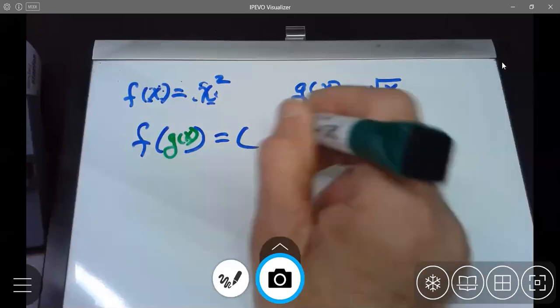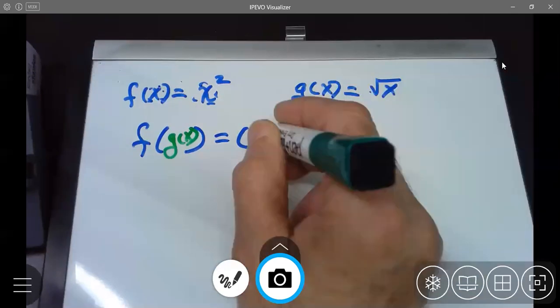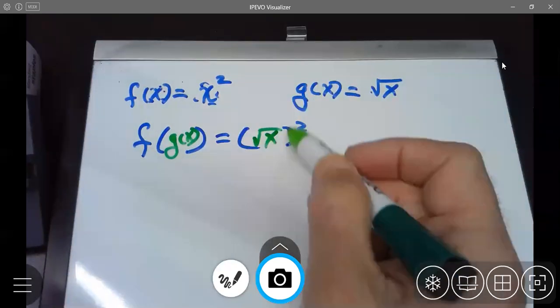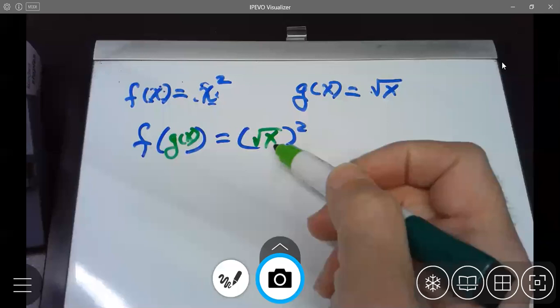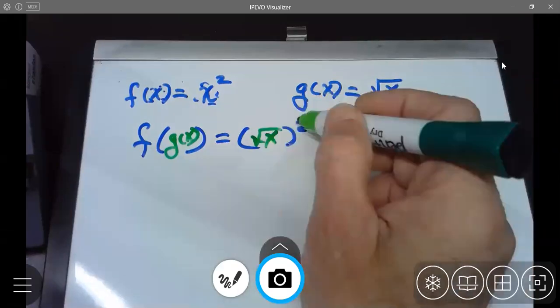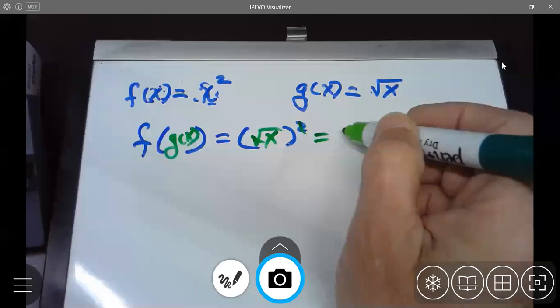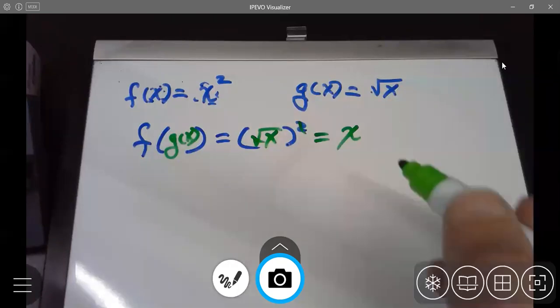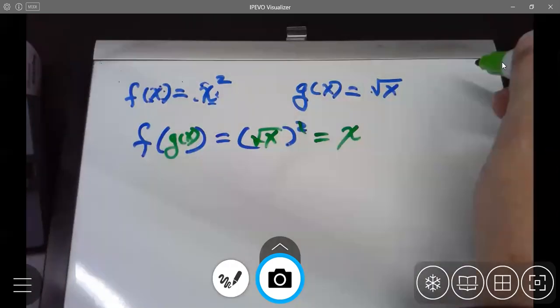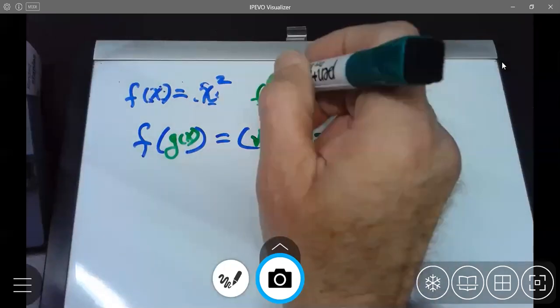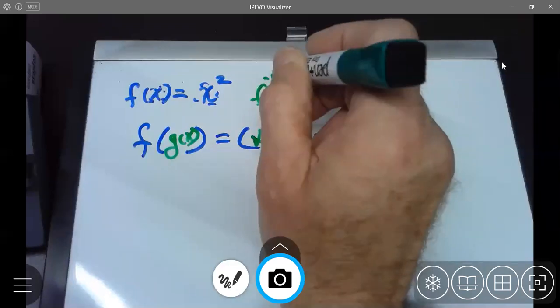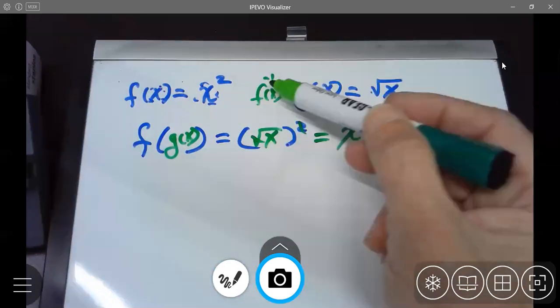So the square root goes in where the x is. All you have is an open parentheses. Now the square root of x and the square cancel and all you get left is x. So we can identify that f and g are inverses of each other. Normally we would write this as f inverse. It's not an exponent. It means the inverse of f.